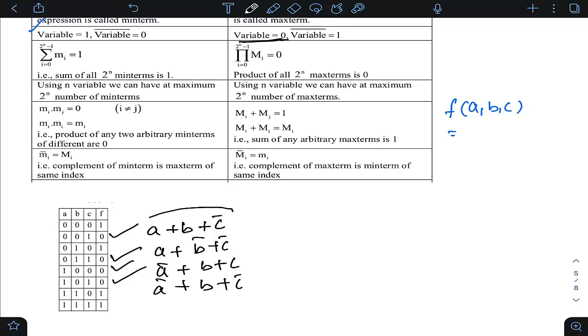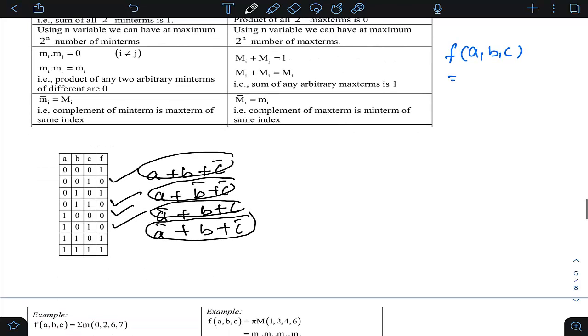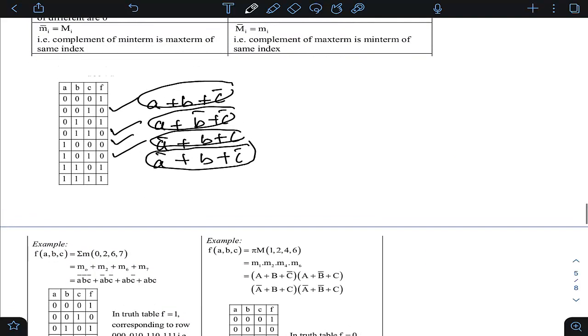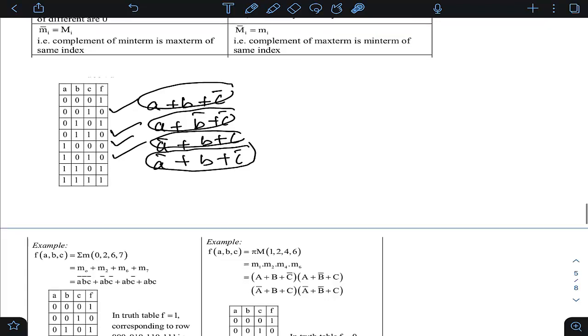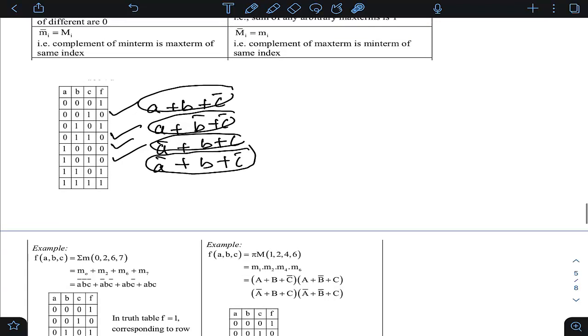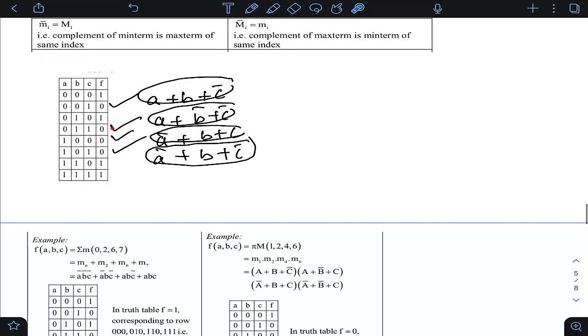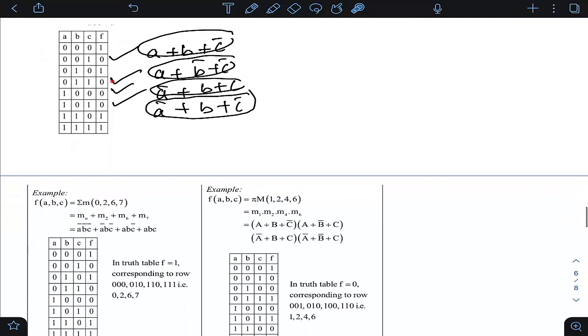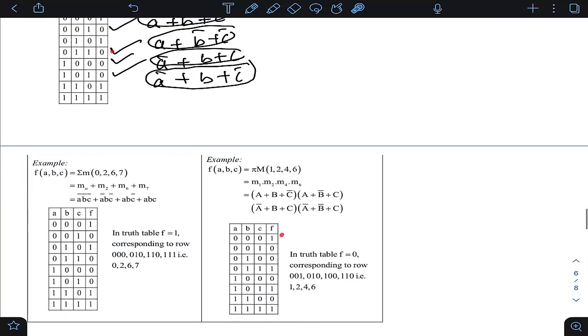So from each row you got a sum term, and finally, to give the equivalent expression, you have to do the AND of these sum terms. No, this is a different expression, students.